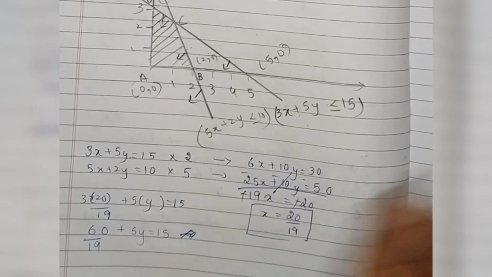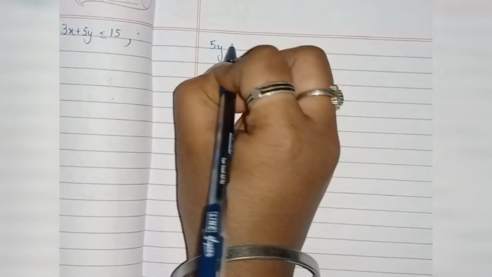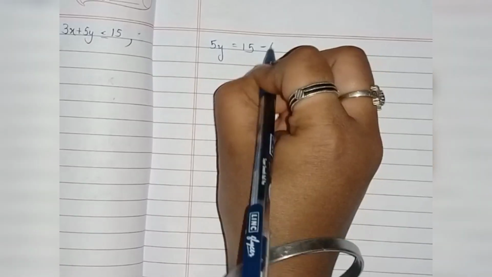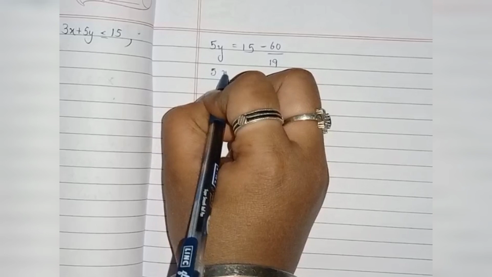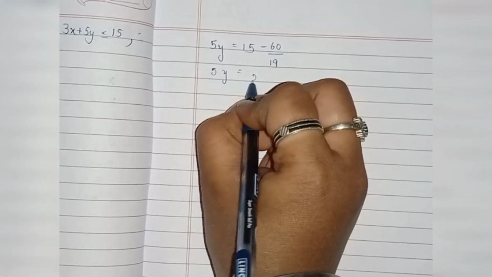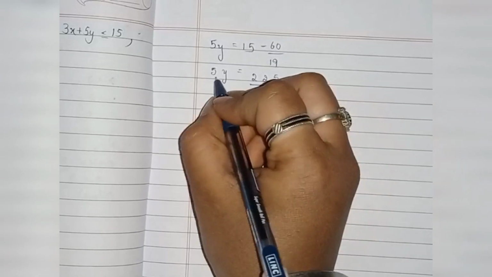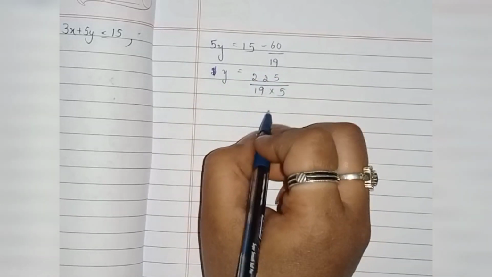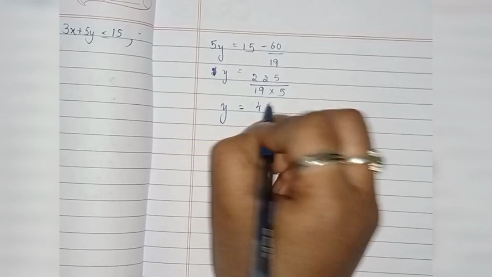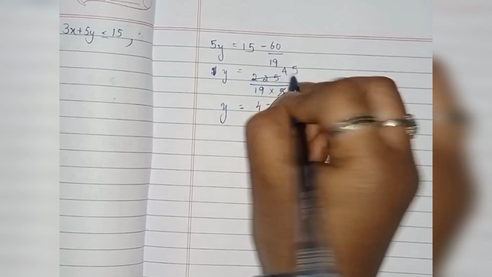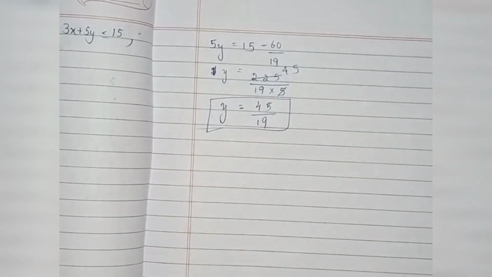So I'm just going to the next page. 5y is equal to 15 minus 60 by 19. Now 5y will be equal to 225 by 19, so y will be equal to 45 by 19. Y we got 45 by 19.